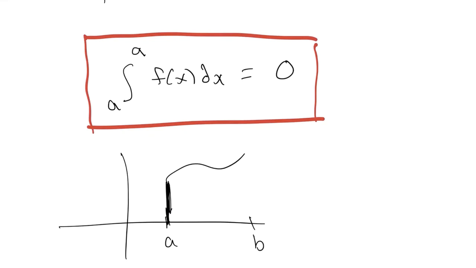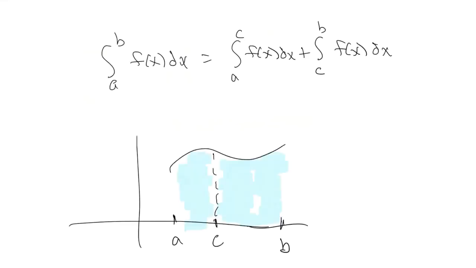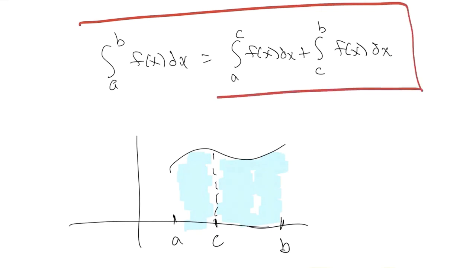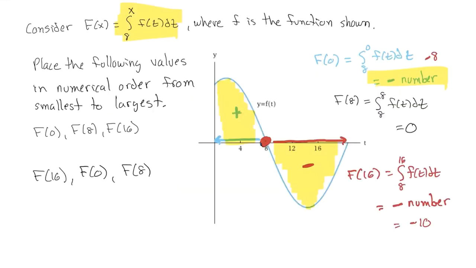We just used that in that last example as well. And then the last property we looked at was what we also used in the last two examples, where I can, in essence, split up my limits of integration at any point between my interval a to b. So if I'm integrating from a to b, I can split it up at some number c that lies in between a and b.